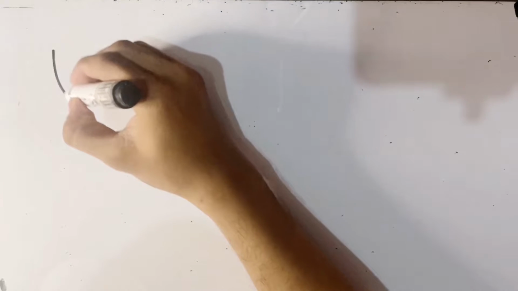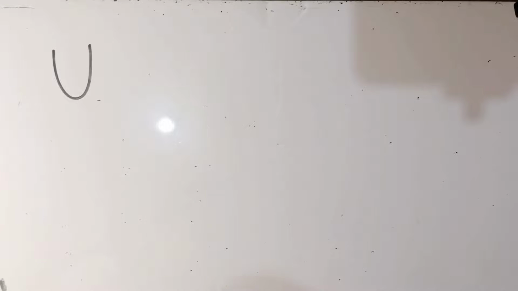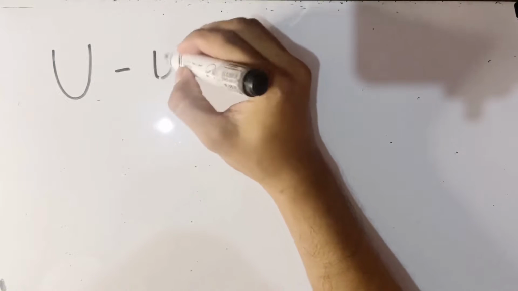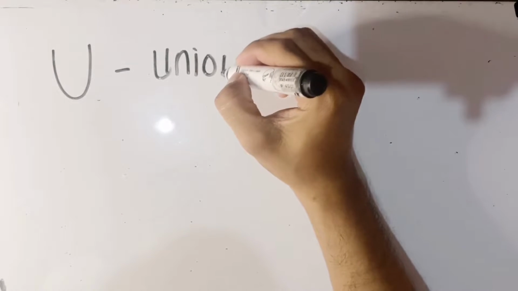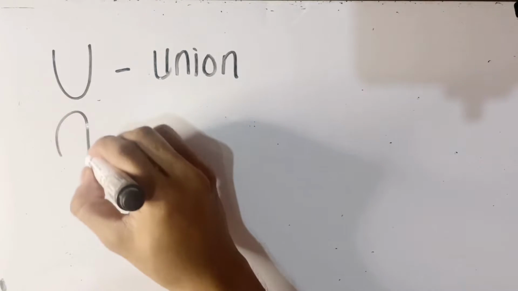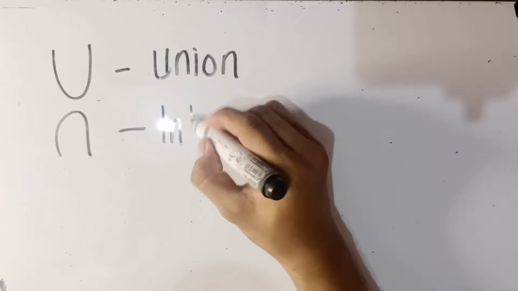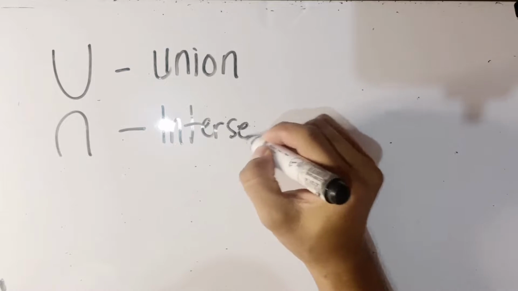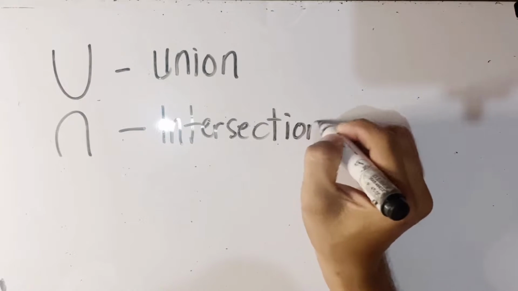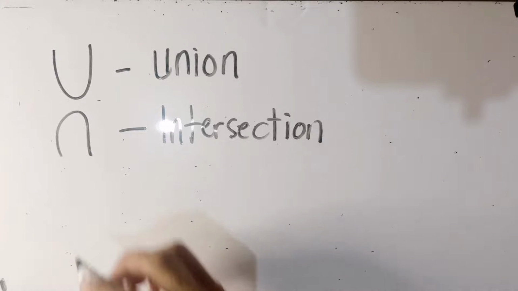Let's do a little recap. This symbol is used for union, while this symbol is used for intersection.